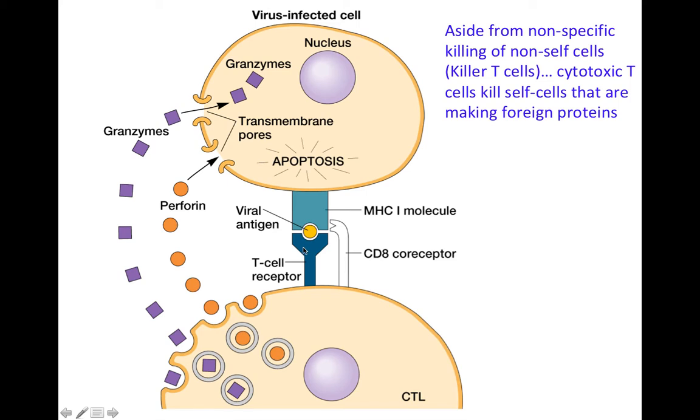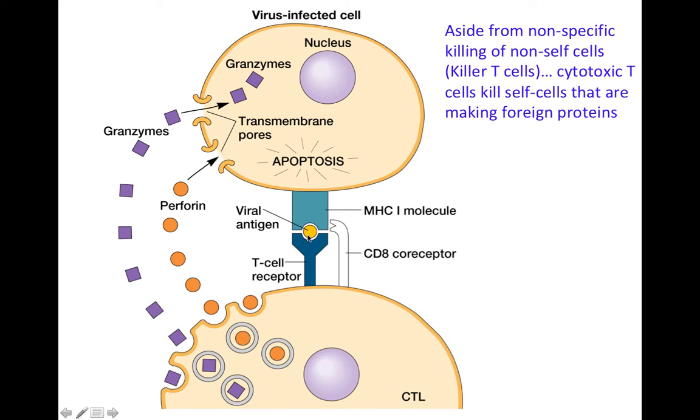Each T cell receptor on each individual T cell has the ability to bind and see one 9 amino acid epitope. So in this diagram here, for this cytotoxic killer T cell to kill this virally infected cell, the viral peptide here needs to be an exact match for the T cell receptor, the CD8 T cell receptor.